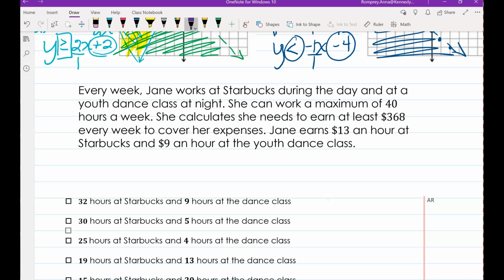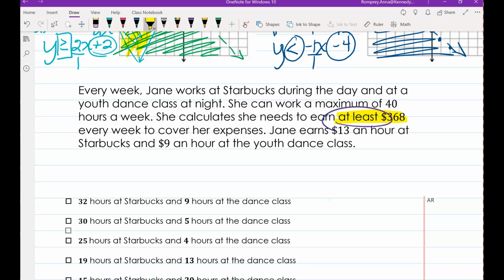Okay, so remember, when we have a system, when we have two different pieces, categories, it kind of depends on the problem, but two different situations within the same problem, we kind of have to figure out how to split them up. So when I look at this, the first thing I see is money, money, money. So all of those three money pieces are going to go in the same inequality. So we need to earn at least 368. That at least is key, so I'm going to circle that too.